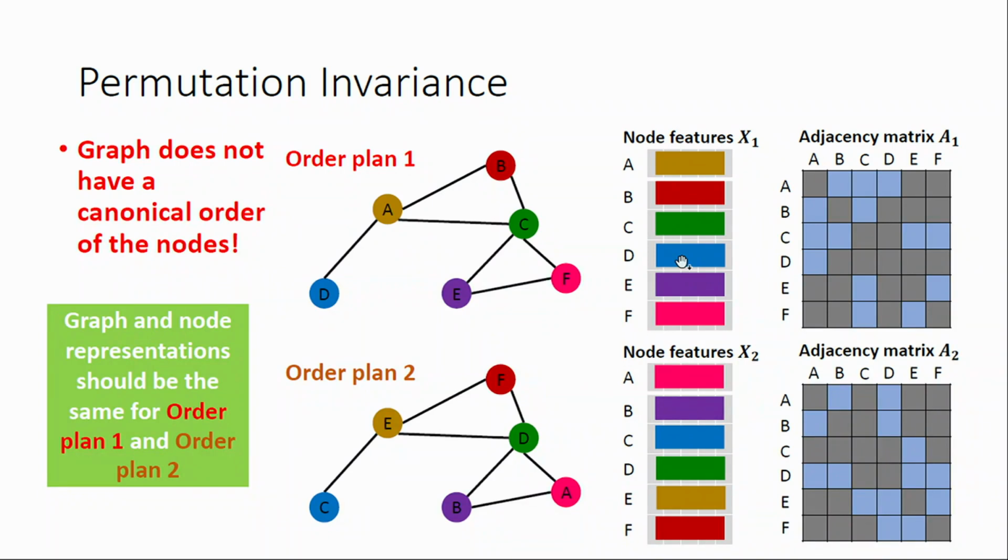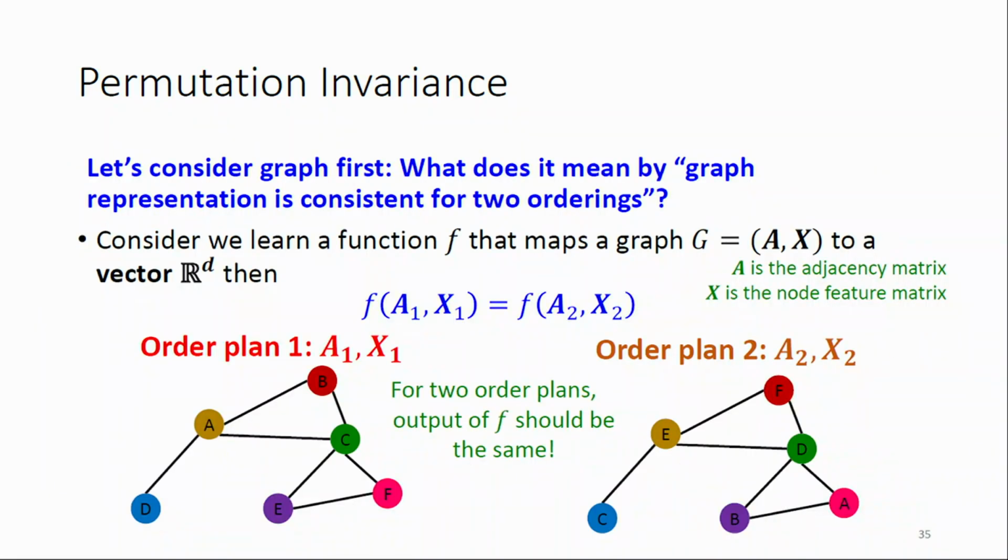So this is what we call permutation invariant. If we're predicting a single value about this graph, it should be exactly the same for the two sets of representations. To define it more generally, this is particularly the case when we're trying to predict a function that maps a graph to a scalar value or a single vector.